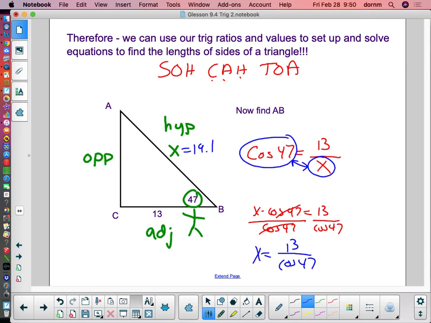Okay? Wait, how do you know if it's tan, cos, or sine? We know by knowing the sides involved in this were the adjacent side and the hypotenuse. So by labeling our sides, we figure out which sides are involved in this particular problem. The opposite side is not involved.